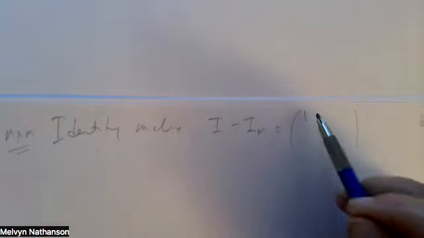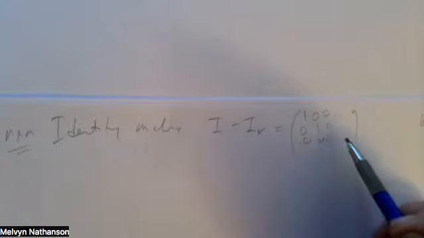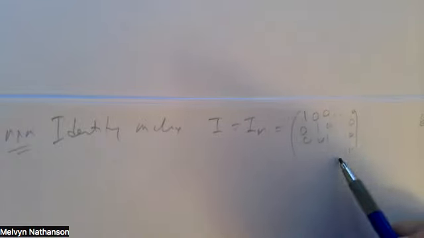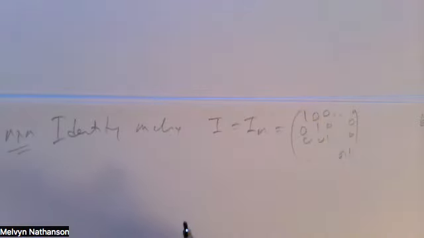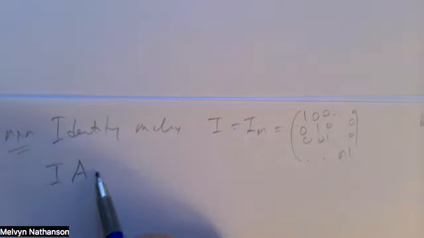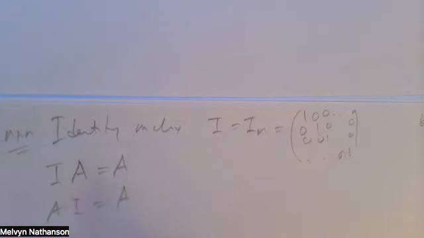Ones down the diagonal and zeros everywhere else. So the matrix with ones down the diagonal and all zeros elsewhere is called the identity, and it has the property that I times A is equal to A if this multiplication is defined, and A times I is equal to A. So multiplying by the identity for matrices is the same thing as multiplying by 1 for numbers.